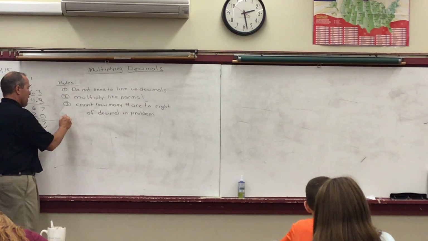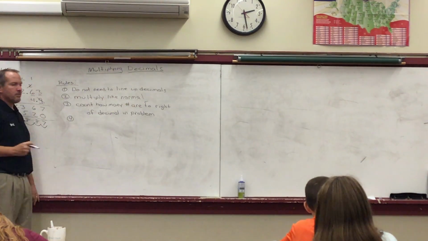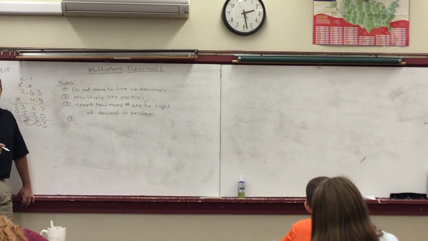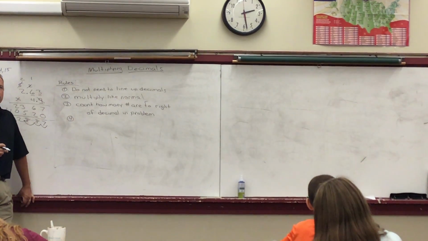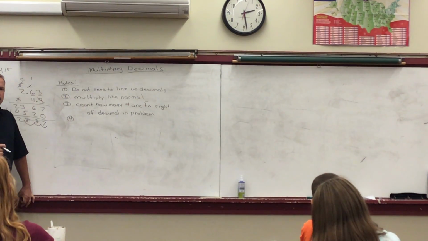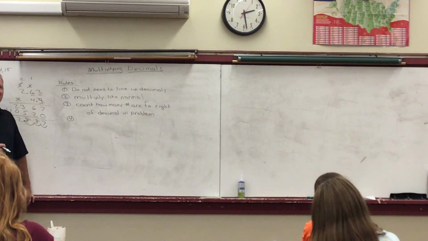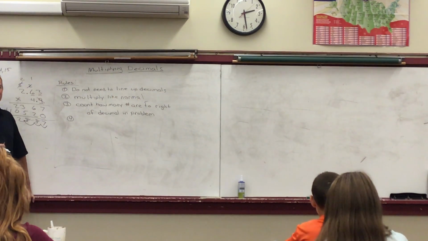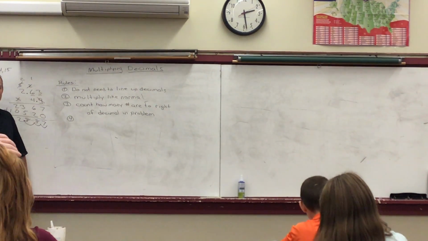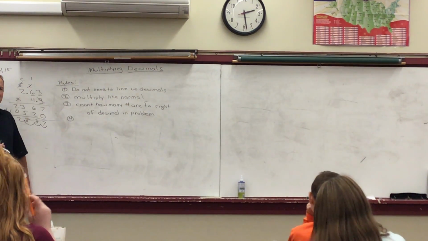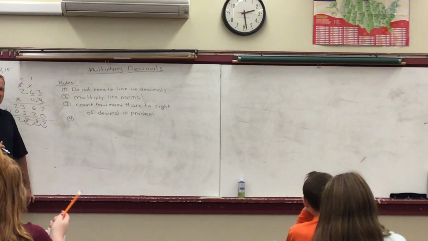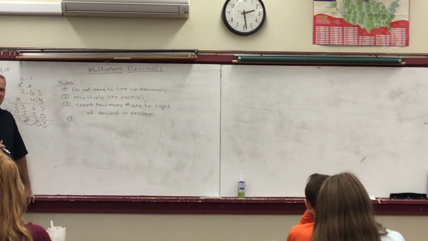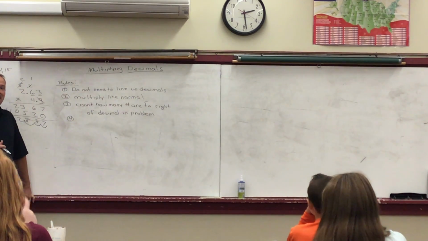And then step 4. I know what it is. I don't know. It's hard to say it, right? It's hard to put it into words. Yeah. Alyssa? For every number that's to the right of the decimal, you go one number to the left. One number to the right decimal.